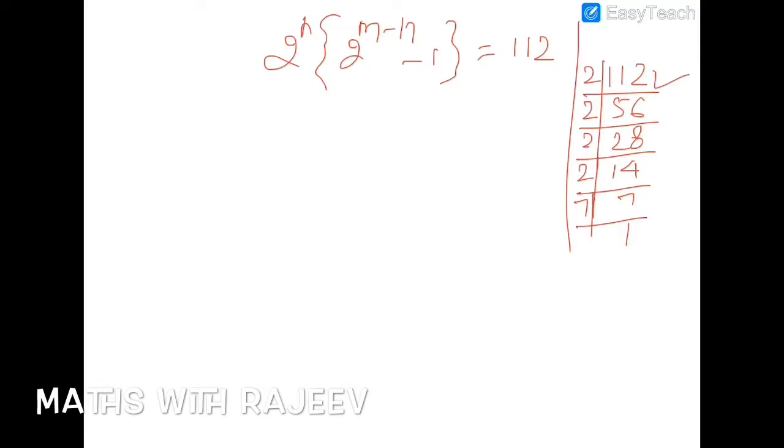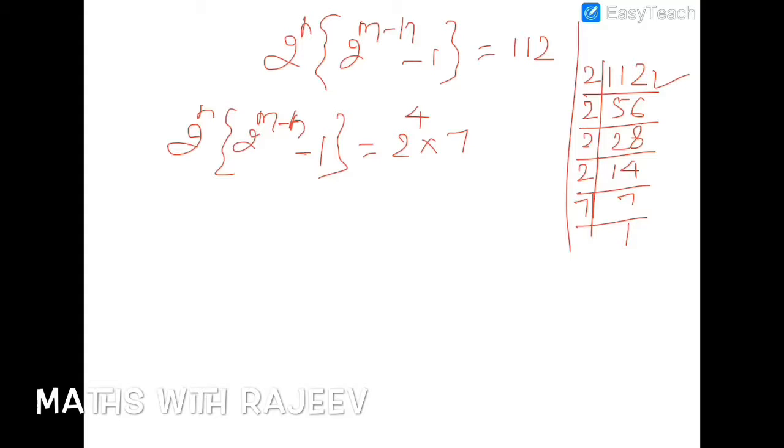Now I'll write the same thing here. It can be written as 2 power n in bracket 2 power m minus n minus 1 is equal to 2 power 4 into 7.